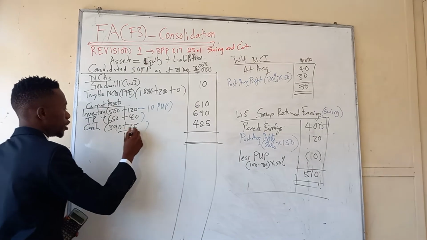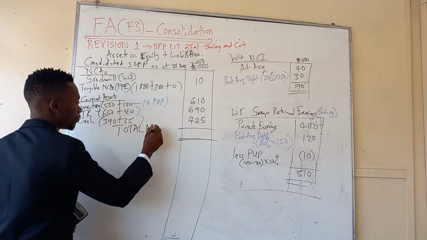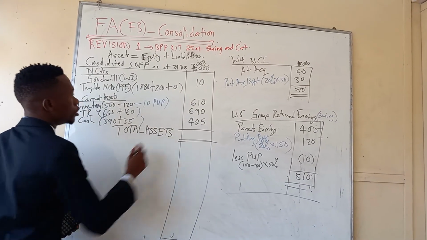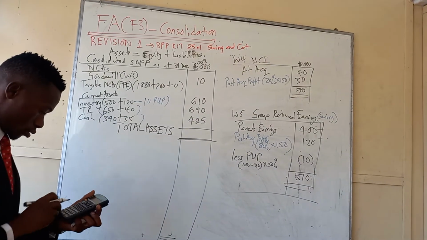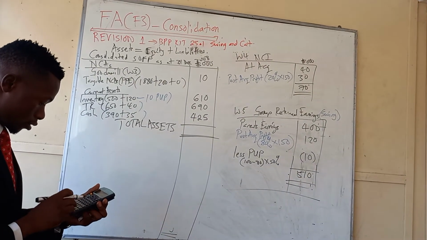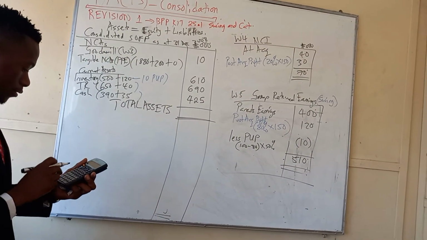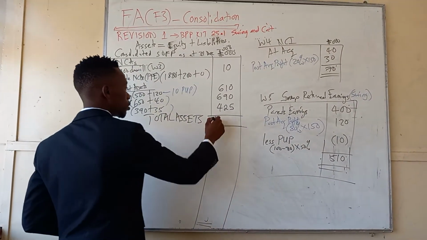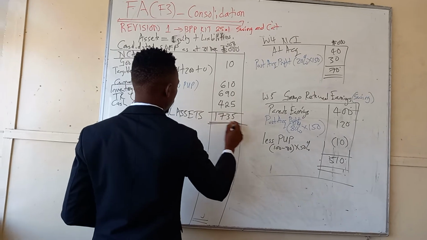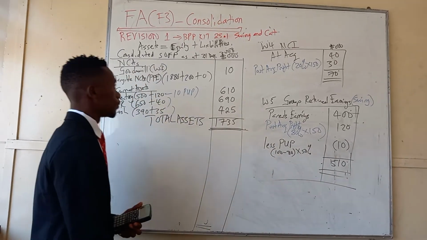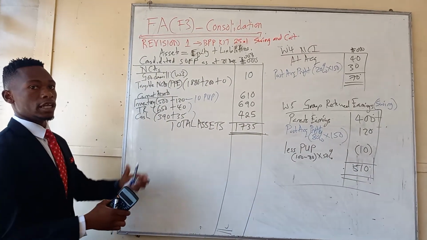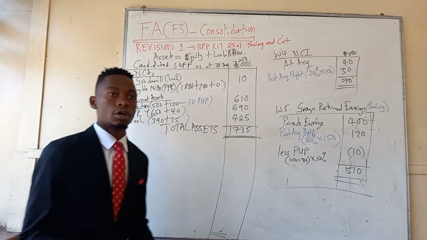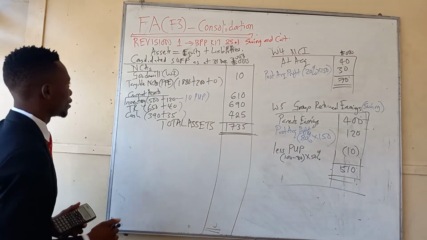So what do we have? The total assets here. If you do the number crunching, you get this. Then I said the left hand side has to equal the right hand side, right?